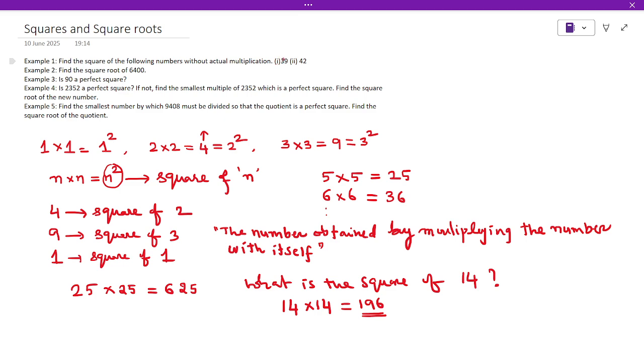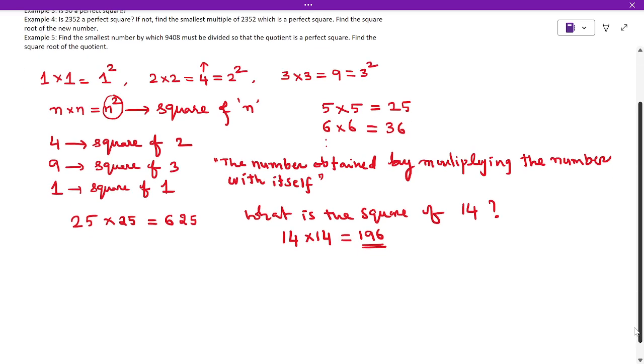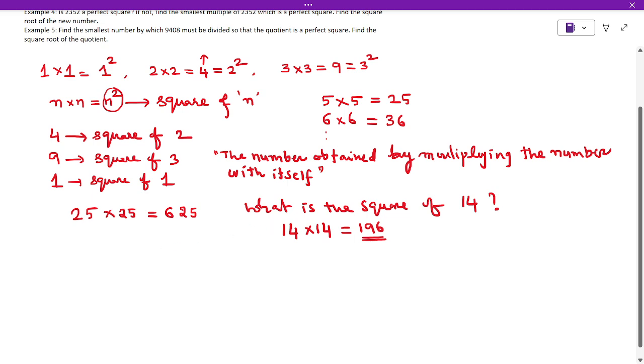I want to find the square of 39 and 42. Till here what we have done, we did with actual multiplication, right? I wanted to find the square of 14, so I simply took 14 and multiplied with 14. So this is the actual multiplication, right?